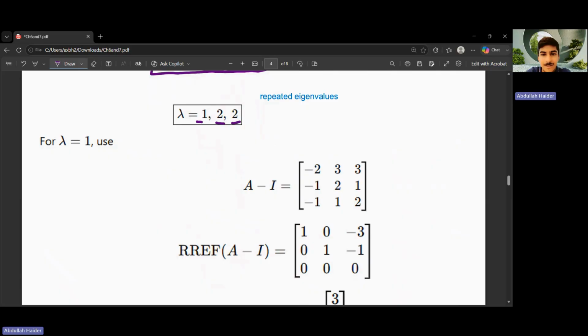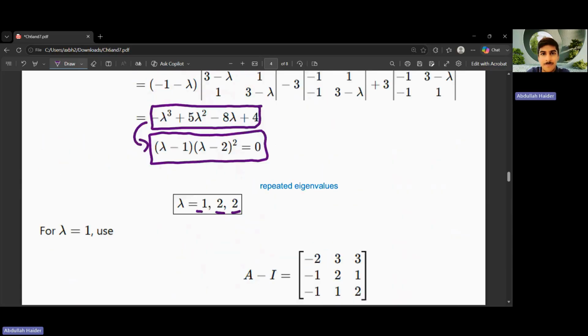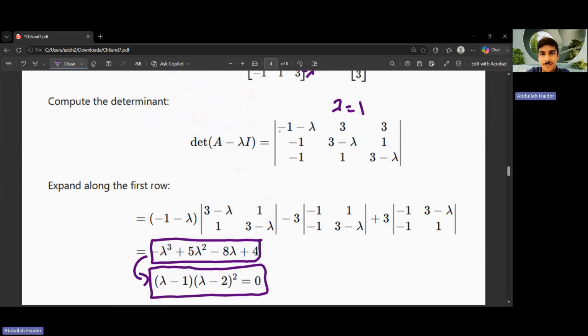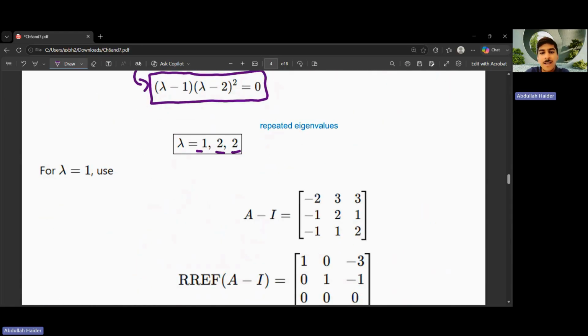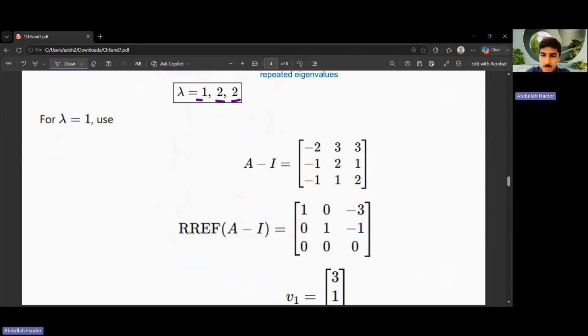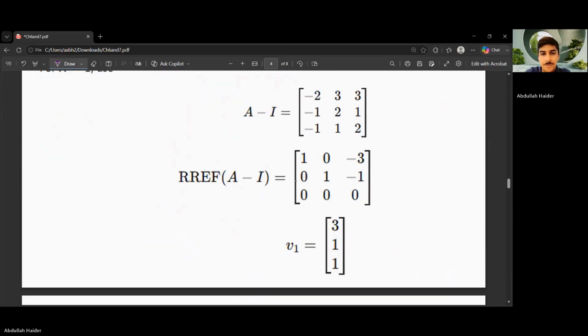So A minus I is minus 2, 3, 3. So minus 1 minus lambda is negative 2, 3 minus 1 is 2. So you should get 2, 2 here as well. 2, 2, yes, correct. And once you row reduce this, you do A minus I times V equals 0.